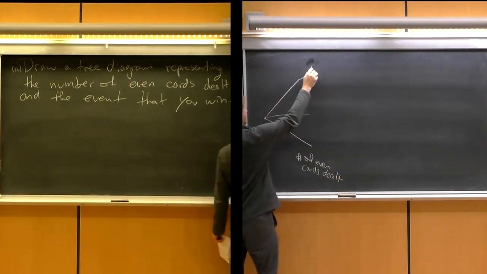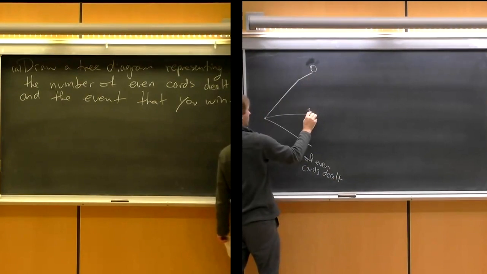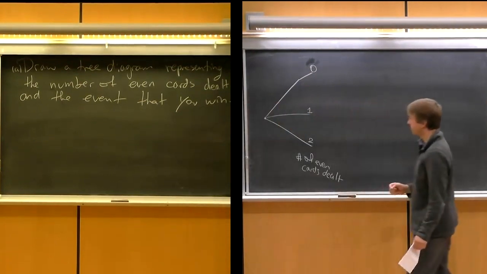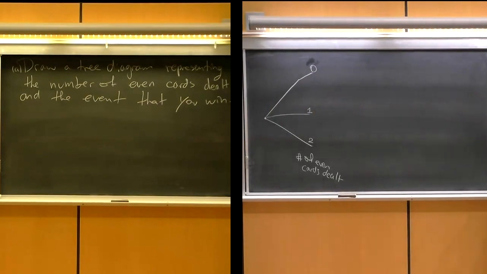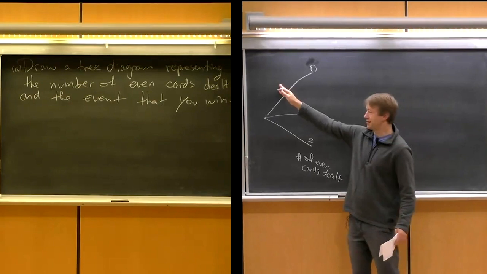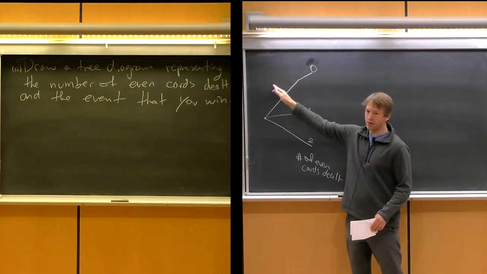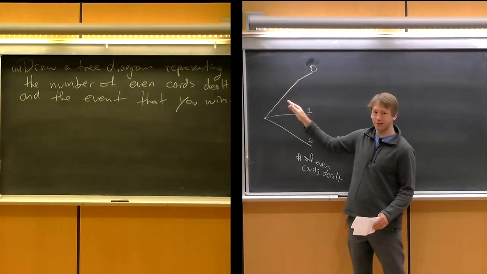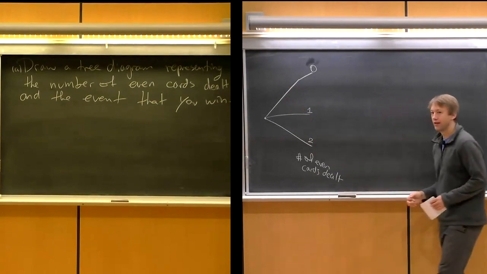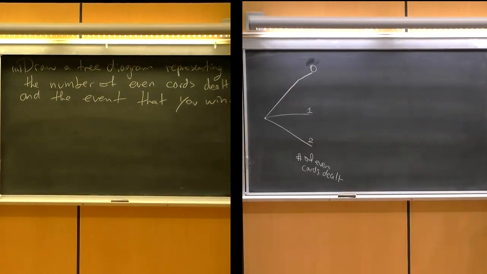You've got three options. It could be 0, it could be 1, or it could be 2. We're going to need to put some numbers on these branches as well, but that's complicated, so let's not do that right now.